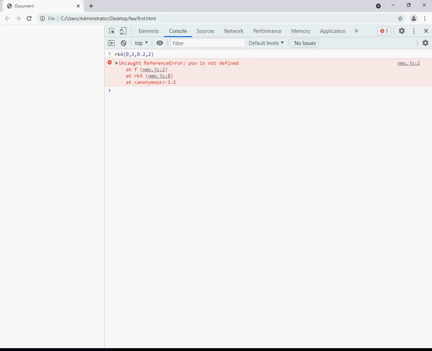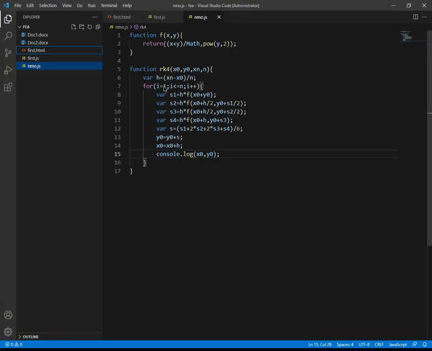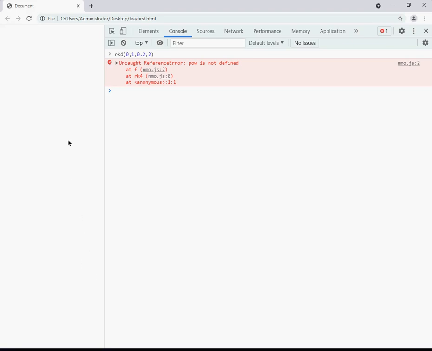So POW, I misspelled it, so I need to correct that one. So it is math dot pow. Okay. So I need to reload it. So I did not get y0.